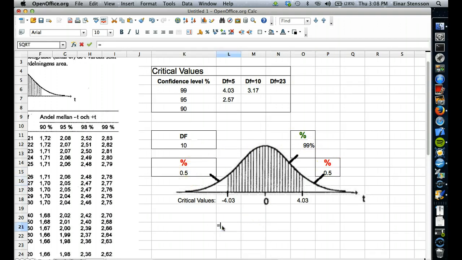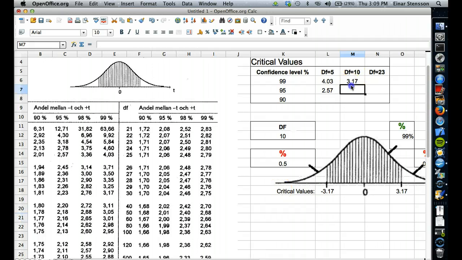If I add them all up, just to prove this to you, 0.5 plus 99 plus 0.5 add up to 100, so I know that I've done it correctly at least. And I need to change the critical values, of course, so they're going to be 3.17 here, and it's negative, so negative 3.17 and positive 3.17 in this tail.